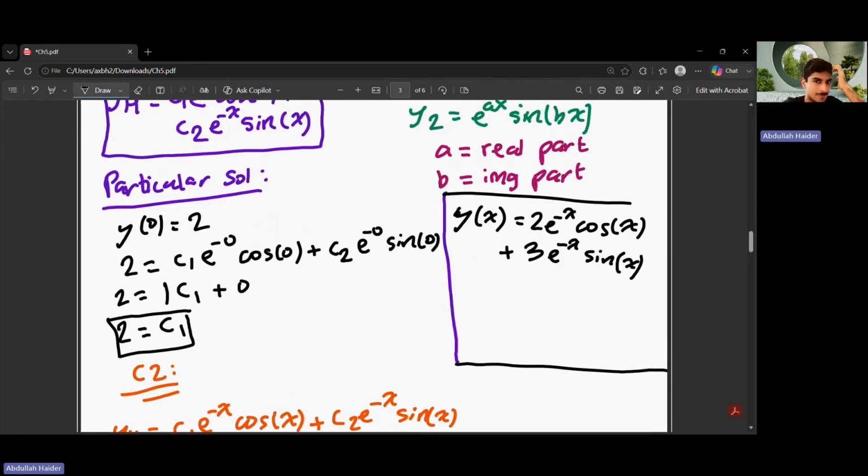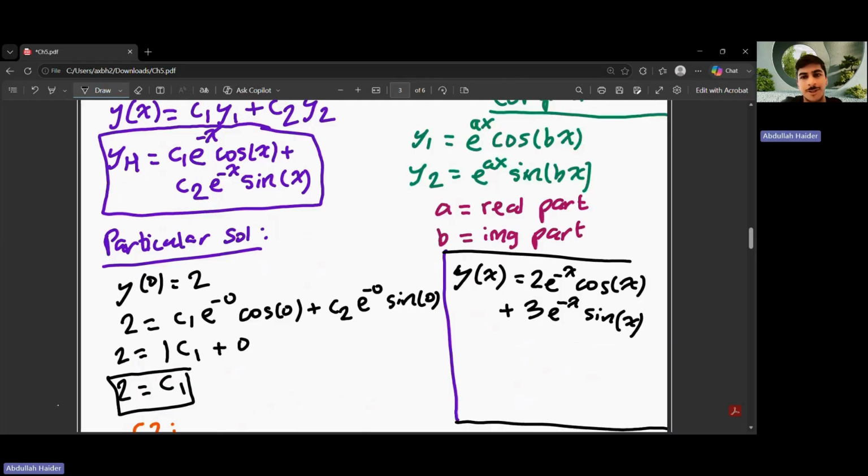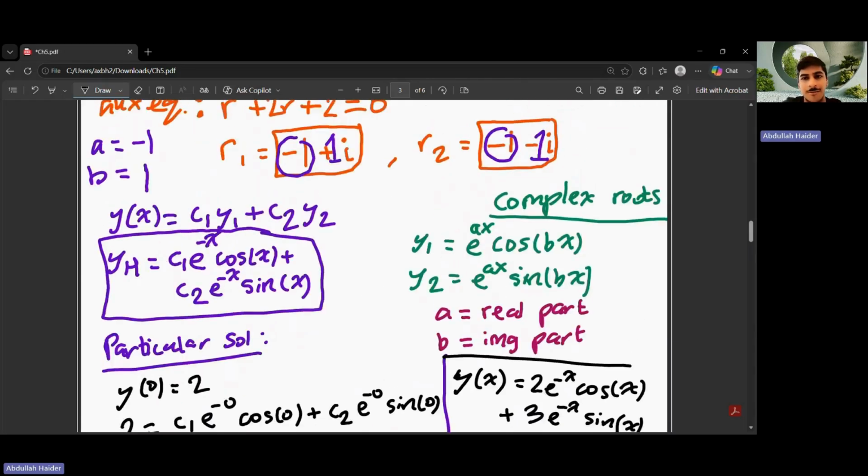That is our particular solution for these initial values.